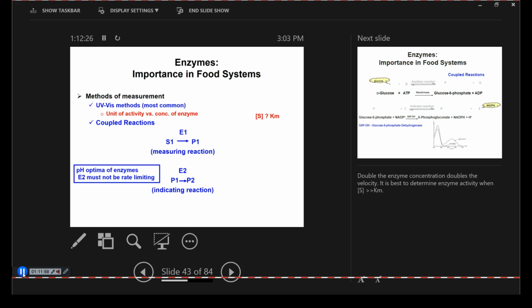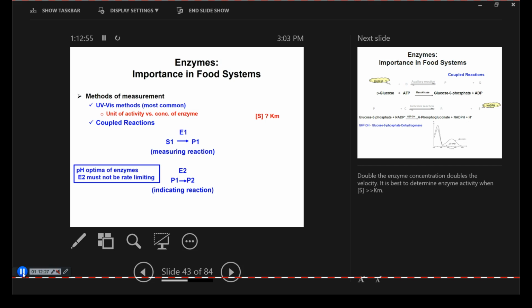It means the amount of enzyme that results in 1 micromolar conversion of substrate per minute at a specific condition. So it's not a universal unit for all enzymes and all substrates under all conditions. It is impacted by the pH, the temperature, and the substrate that you're using.